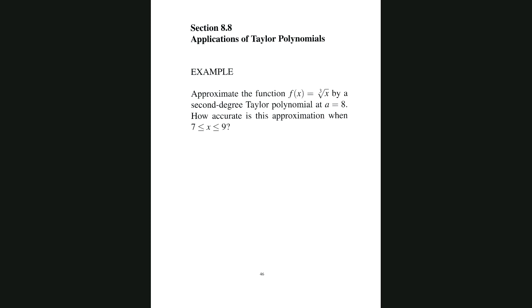And we used a equals 8 because the cube root of 8 is 2. And that meant when we constructed the Taylor polynomial, and of course, I always have the formula sheet there, we used our Taylor polynomial formula, right? So we have to compute derivatives of the cube root of x and evaluate those derivatives at a equals 8.